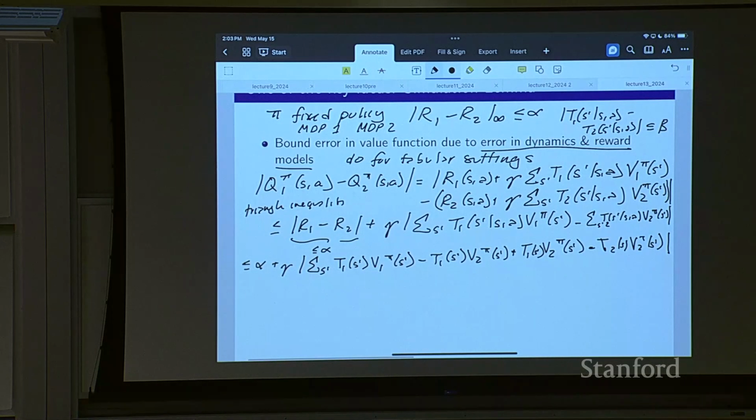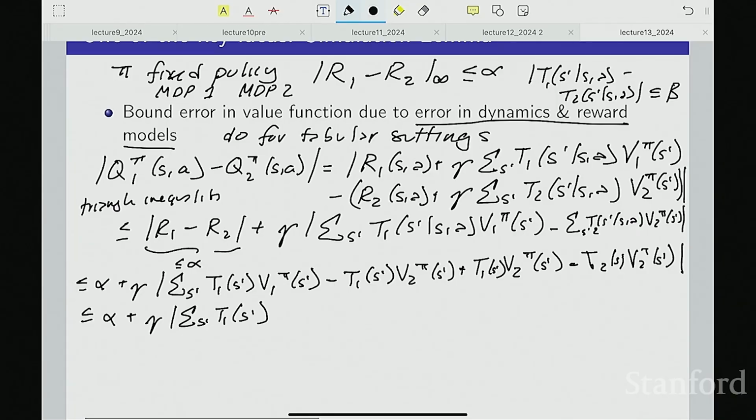So this is going to be less than or equal to alpha plus gamma times sum over S prime, T1 of S prime times the absolute value of V1 pi of S prime minus V2 pi of S prime, plus gamma times sum over S prime, T1 of S prime minus T2 of S prime.